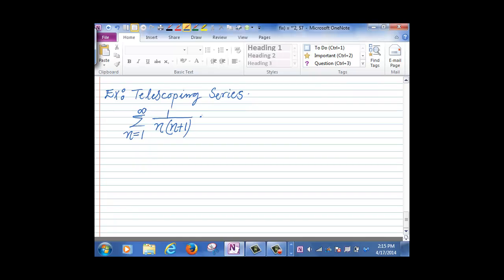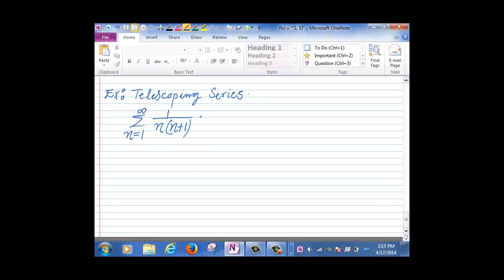Can someone tell me, do you expect this series to be convergent or divergent? And why? Yeah, so the term that I have, 1 over n times n plus 1, that's almost 1 over n squared, right?